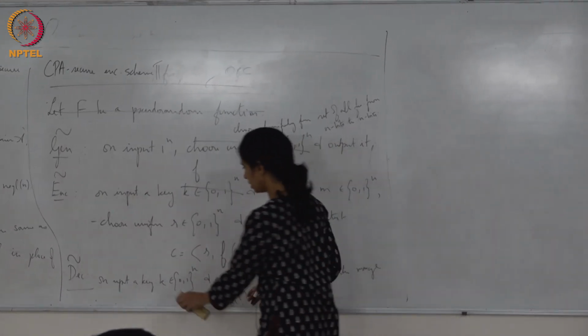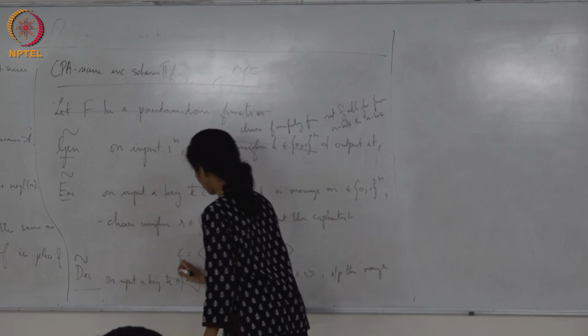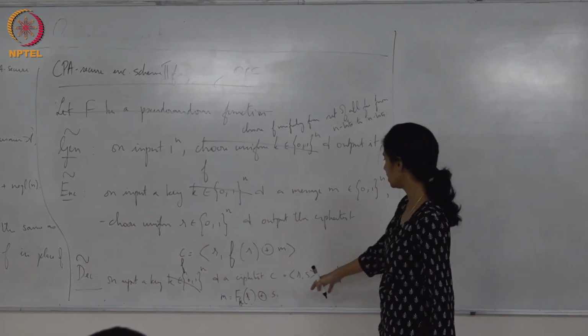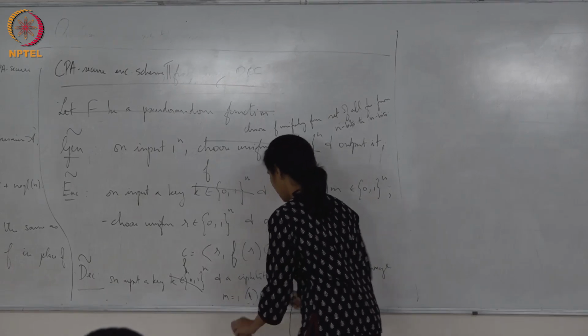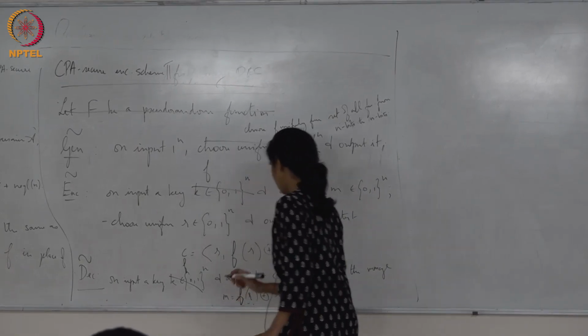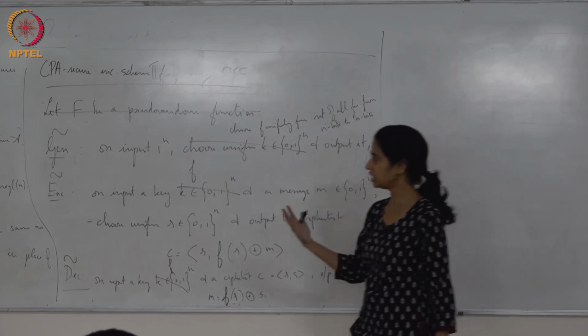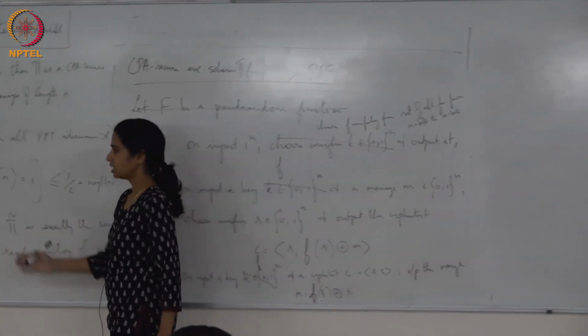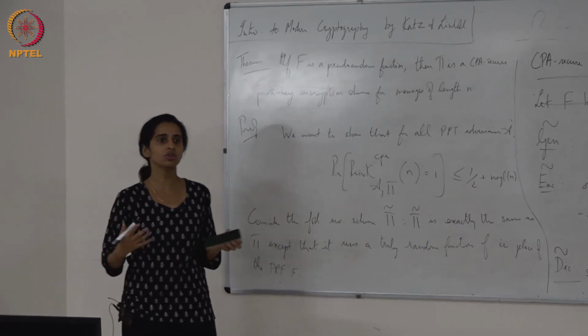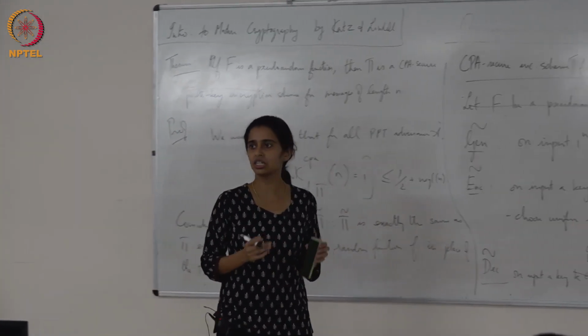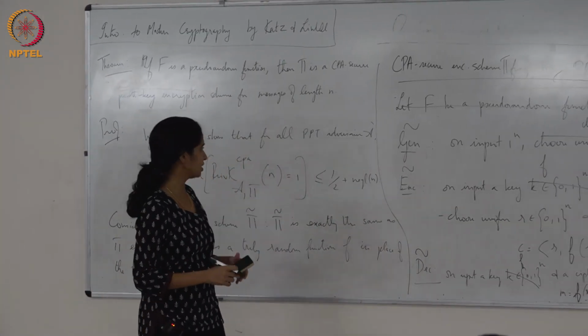And then on input, again, this f and a ciphertext c, that's r comma s, output the message m as f(r) XOR s. So essentially what pi tilde does is, wherever the pseudo random function f_k was being used, we now use a truly random function little f instead.